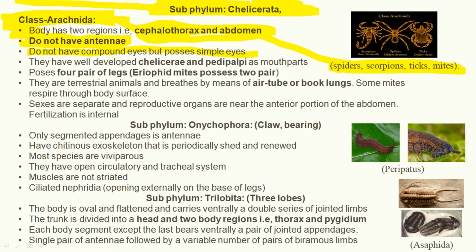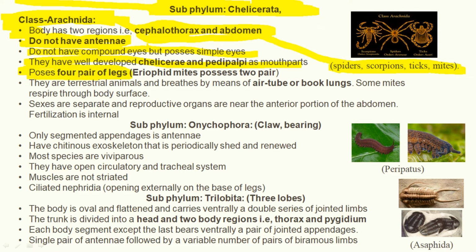Then they have well-developed chelicerae and pedipalpi as their mouthparts. As discussed earlier, these organisms contain chelicerae and pedipalpi in their mouthparts for easy feeding. Then come to their legs. How many legs are there?